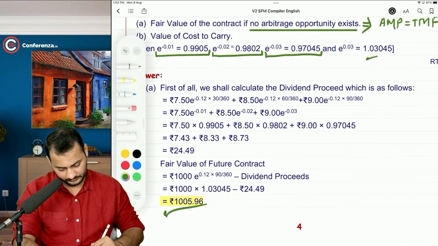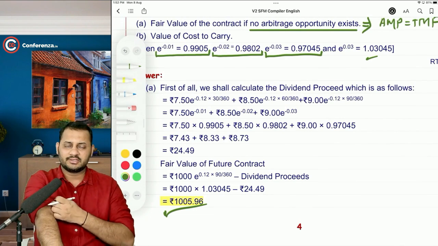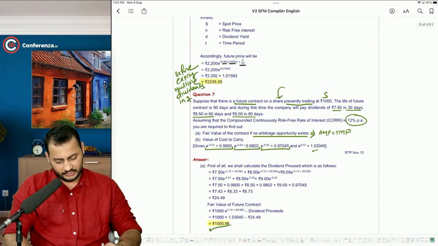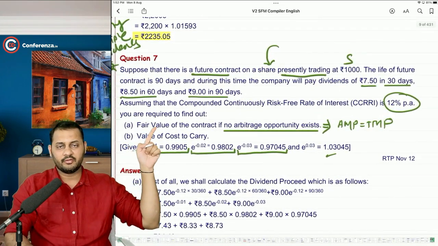See, 1005.96, rounding off differences. This is your first answer, the fair value of the contract.